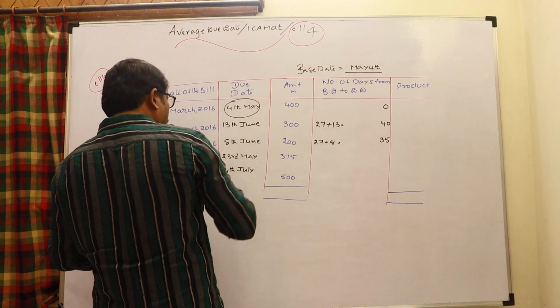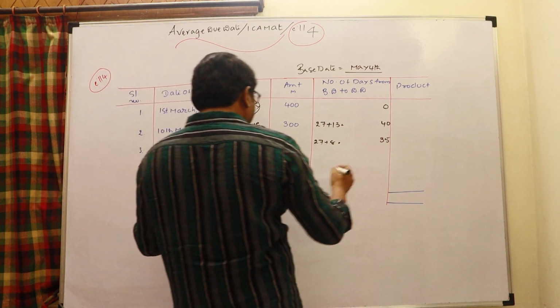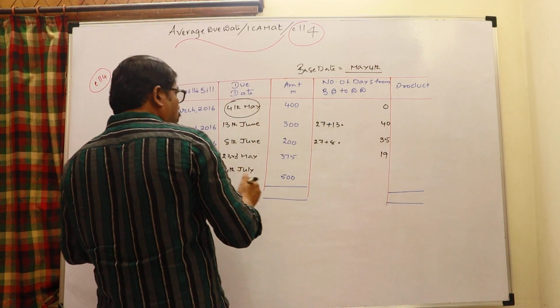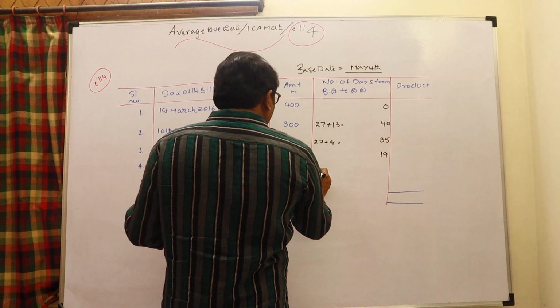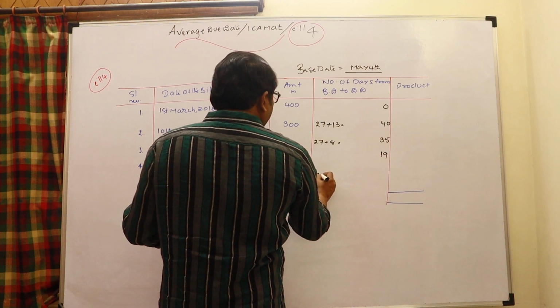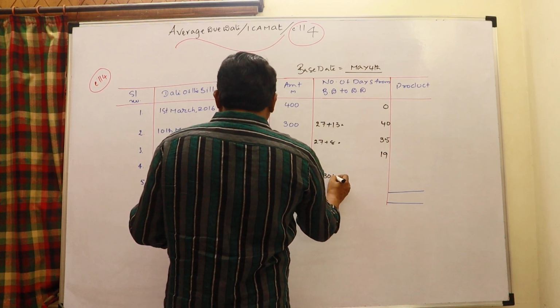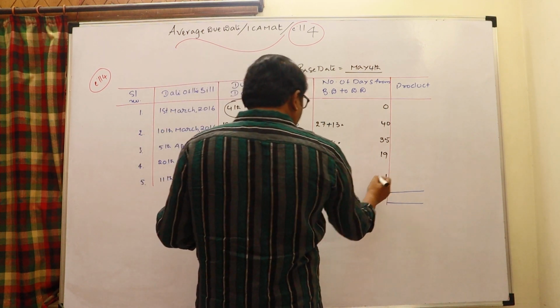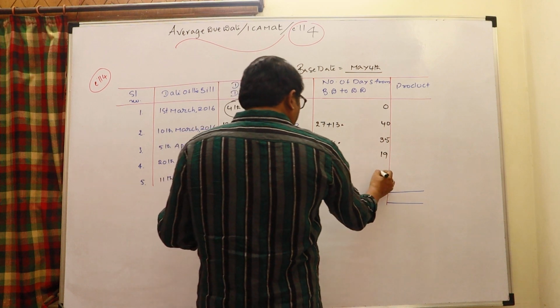May 4th to May 23rd is 19 days. Lastly, May 4th to July 14th: May 27 days, June 30, and July 14, making 71 days.